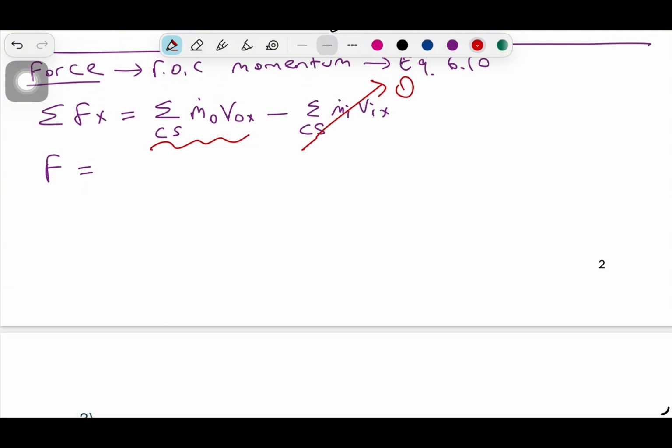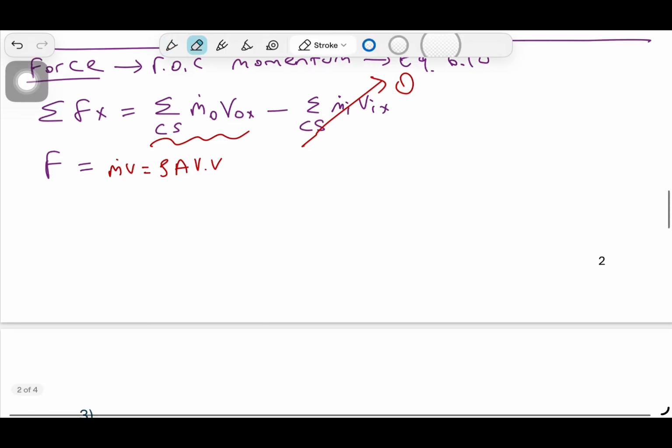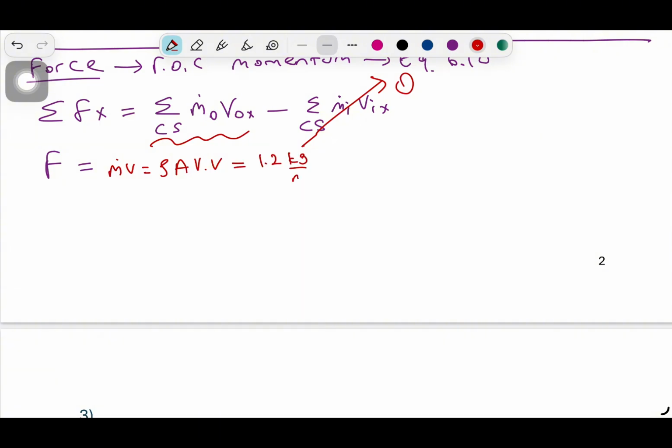And we have mass flow rate and velocity, and mass flow was rho area and V, and we have an additional V, which is coming from momentum. We can get 1.2 kilogram per cubic meter times area, which is pi D square over 4. So we have pi, we have 4, and we have the square of the diameter.